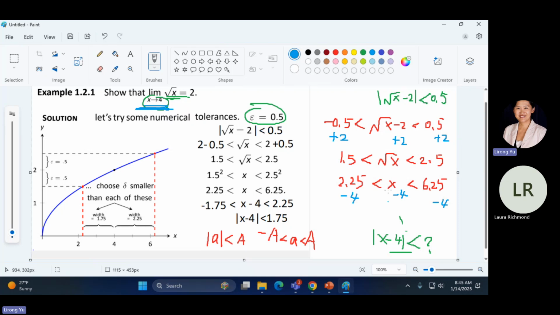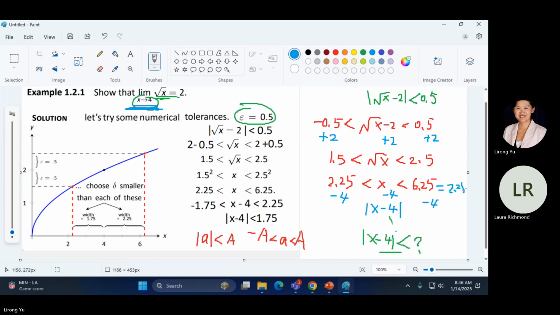Once we've done that, we have this boundary: x minus 4 is less than 2.25 and bigger than negative 1.75. So we realize that now we have a boundary for x minus 4, without the x value.